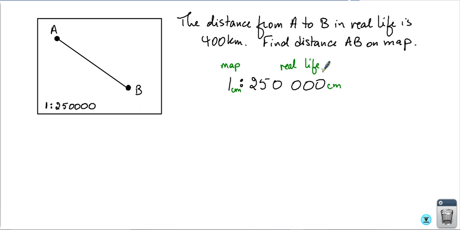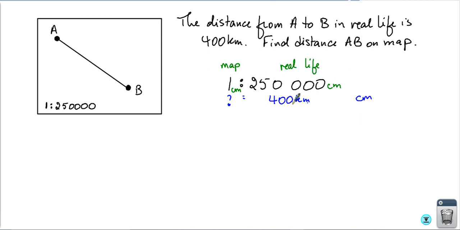We have used it. The further information is that the real distance from A to B is 400 kilometers. So here we have 400 kilometers. That is equal to how many centimeters on the map? Now we have a problem because these are centimeters and this is kilometers. So we have to change that kilometers to centimeters.